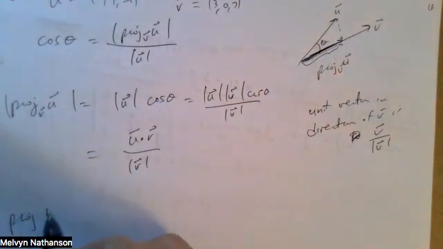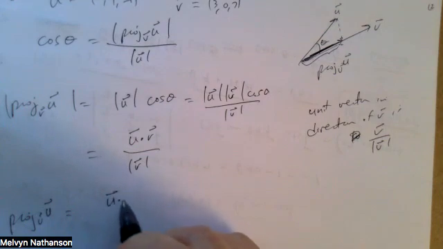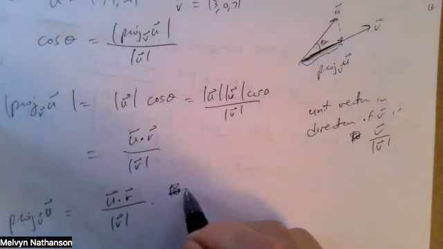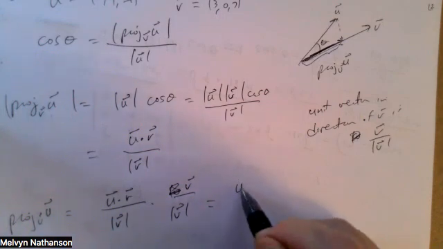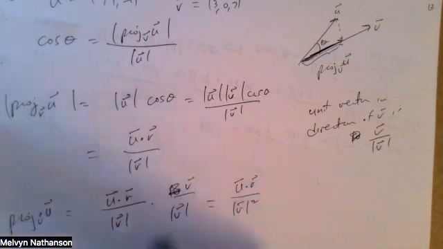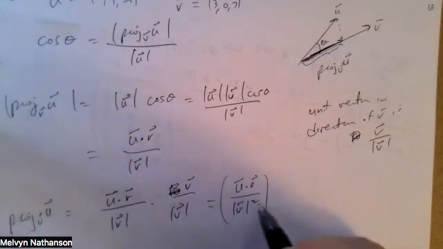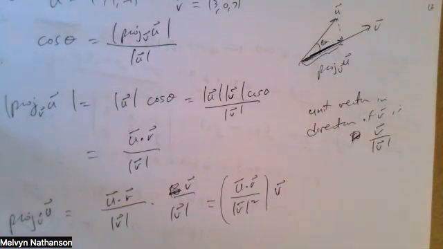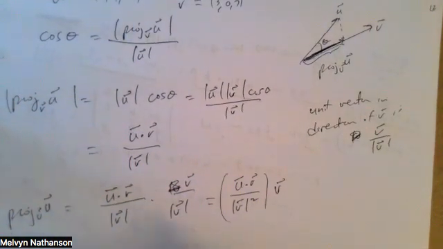So the projection of u in the direction of v, it's a vector, this is the length, times the vector v over the length of v. So this is u dot v, which is a number, over the length of v squared. This is a number or a scalar, times v. So that's the formula for the projection.